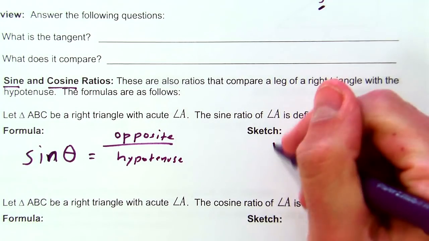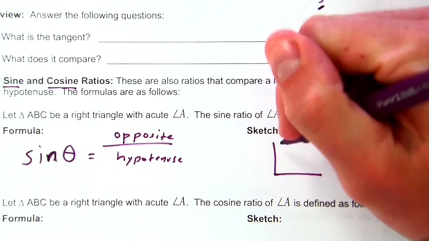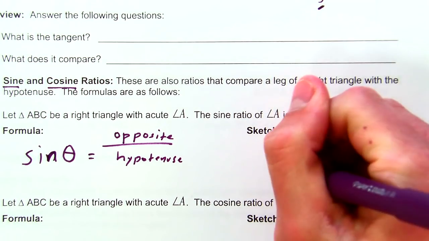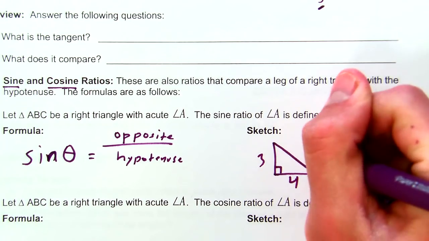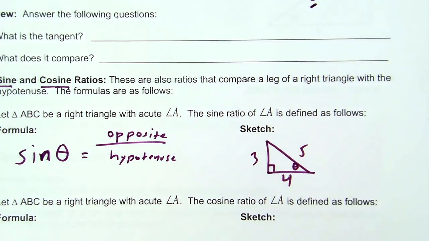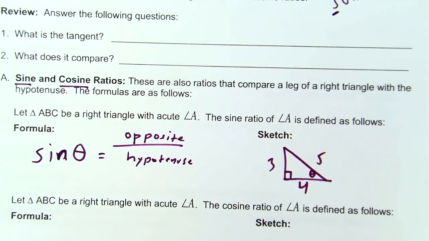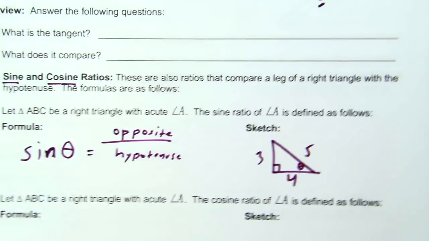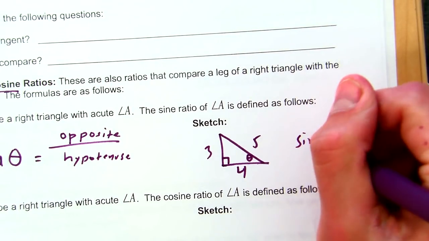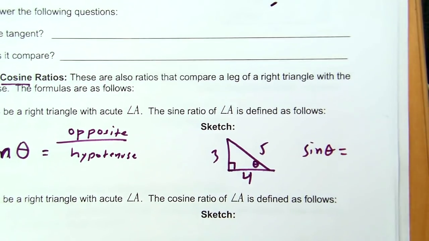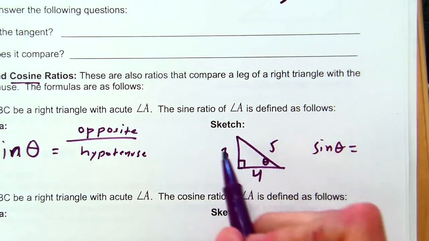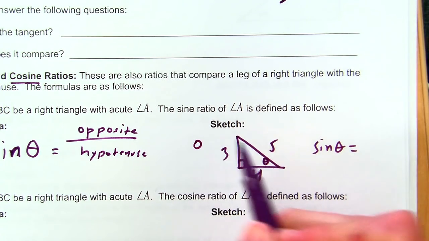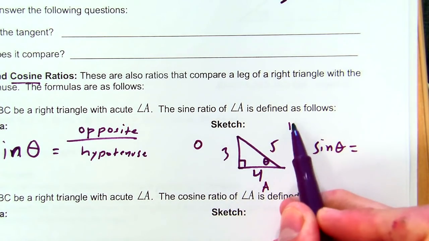So if we make a sketch of a triangle, and once again I'll label it the 3, 4, 5 triangle, and once again I'll put theta as my missing angle down there. The sine of theta now is just the ratio of the opposite side over the hypotenuse. So if you want to label, here's opposite, here's adjacent, here's hypotenuse.